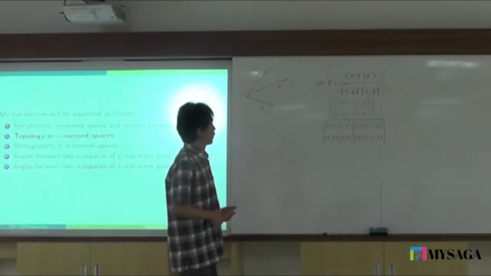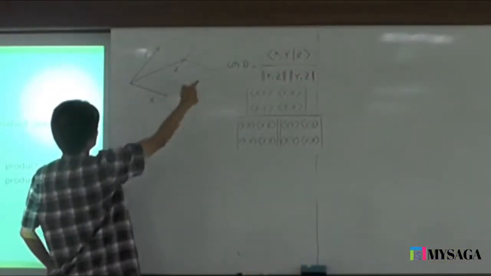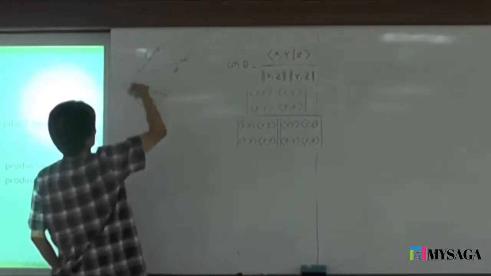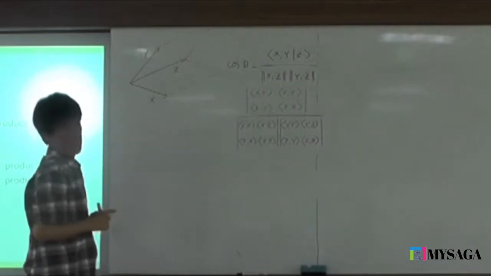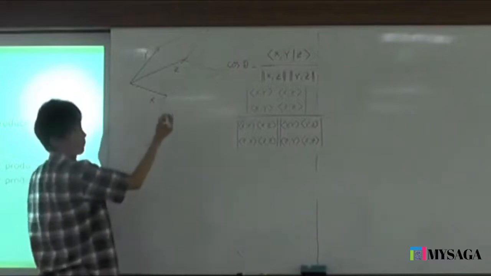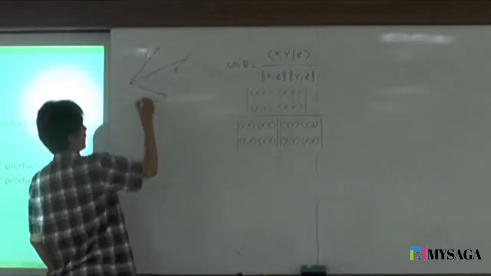How do we know that? Well, if this is the parallelogram spanned by X and Z, and that is the parallelogram spanned by Y and Z, how do we measure the angle? Well, from high school we know that we have to project this perpendicularly.